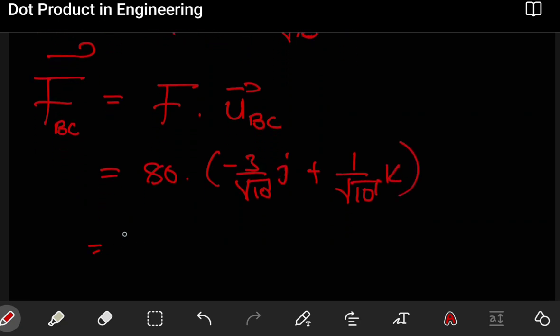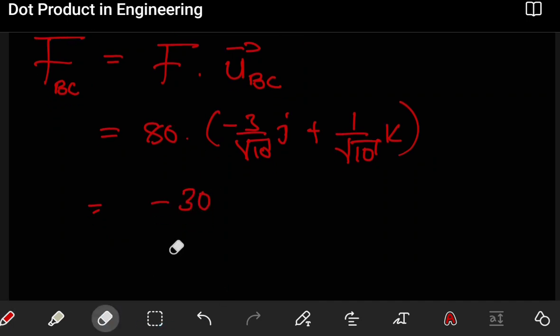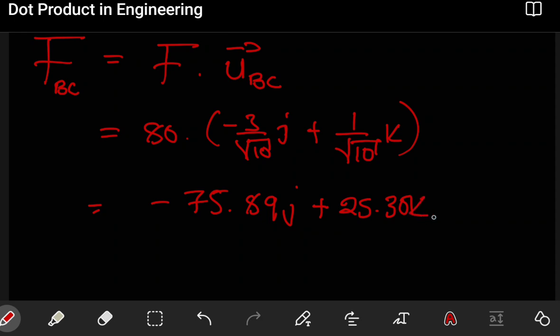From here, we can take the 80 inside and divide by the root 10 as well. This is going to give us minus 75.89, let's round off to 2 decimal places, in the J direction. Then plus, do the same thing for the other part: 80 will multiply this, divide by root 10 again, giving us plus 25.30 in the K direction.